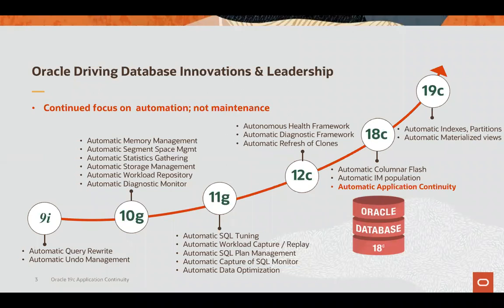Because starting with Oracle 9.9, Oracle has committed to automate most of the traditional labor-intensive configurations for Oracle database and automate all these features so end users can use these features automatically, transparently to the applications, without any configuration labor, any time required to configure and specify all these features in the database configuration.